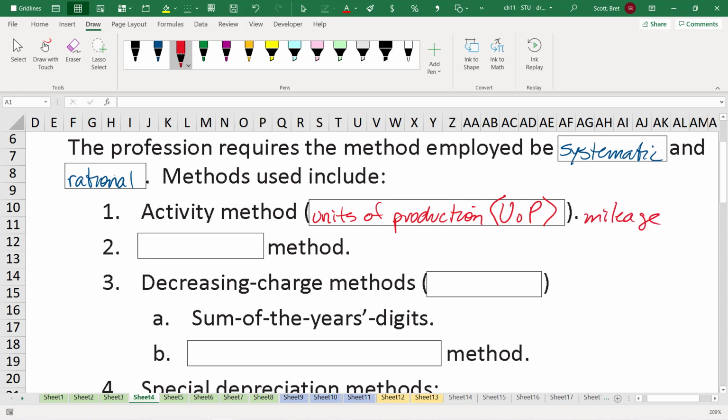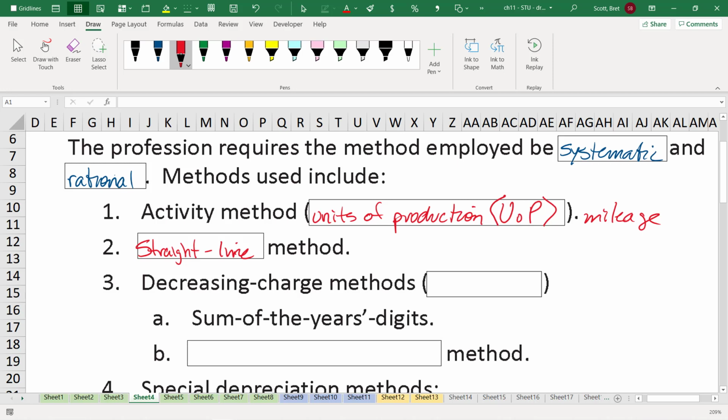The other one, which is by far the most common out there, is straight line depreciation. The reason it's used so much is because it's simple, it's easy to do. Analysts like it, it's easy to back out those expenses to calculate EBITDA. So the straight line method is by far the method that's most used.